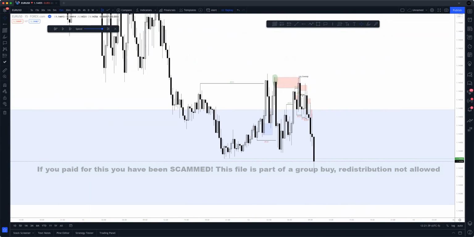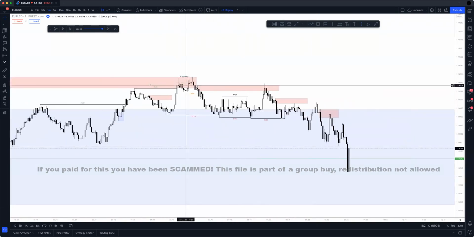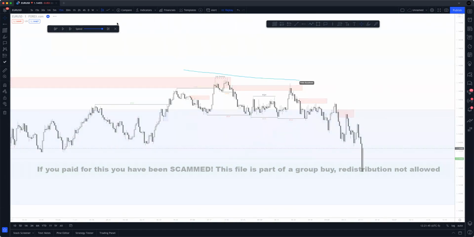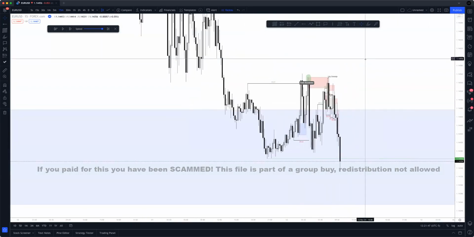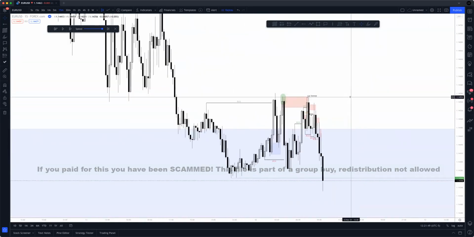Let me just print a couple more candles here, but where do you think the liquidity is going to sit? It's probably across these highs, right? So where does supply control the market from above this? Bingo. Cool.